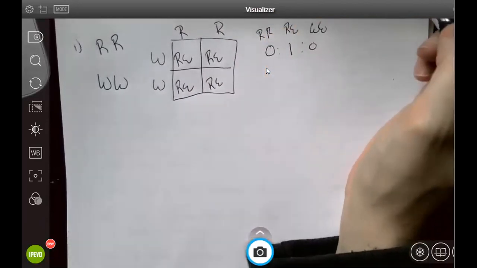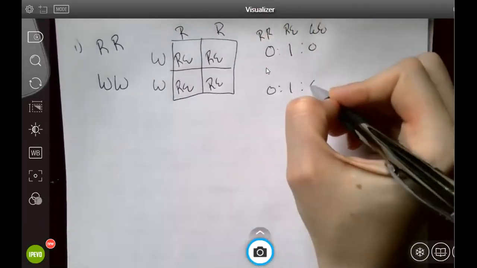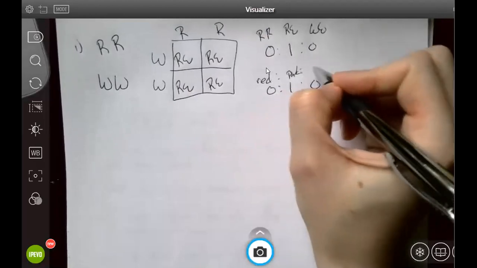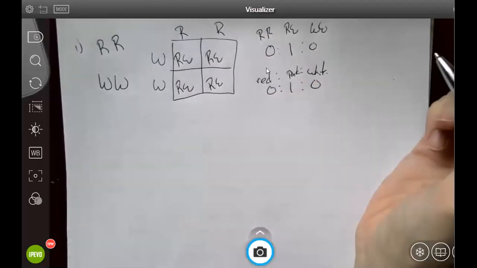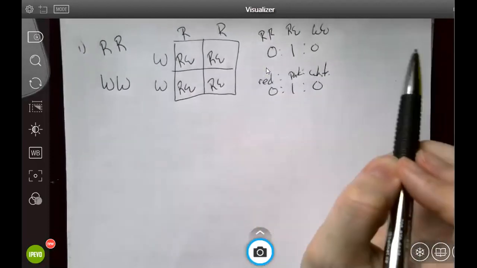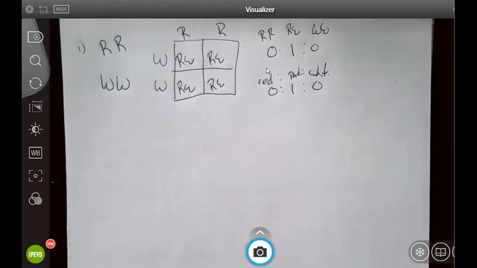And then the phenotype ratio would also be 0, 1, 0 for red, pink, and white. Again, genotypes are the actual alleles, so the letters, and phenotypes are the actual physical traits. But either way, in this case, it is a 0 to 1 to 0 ratio. 100% of the offspring would be pink.